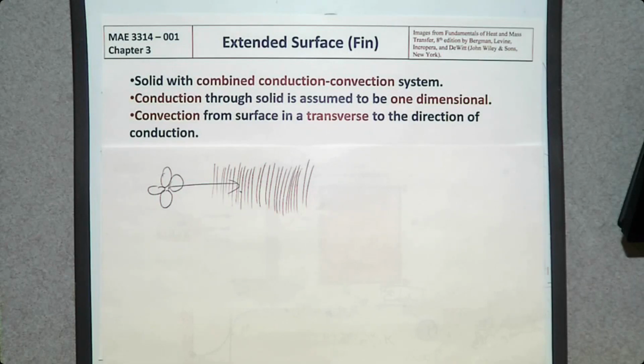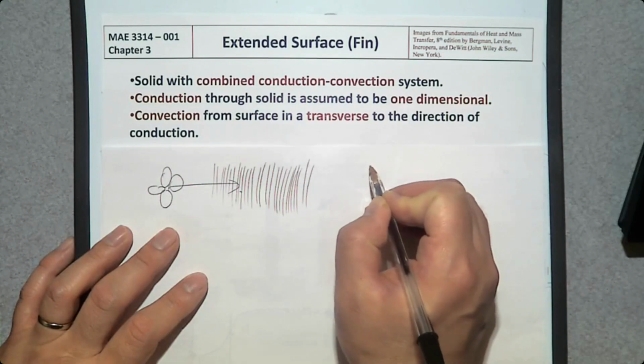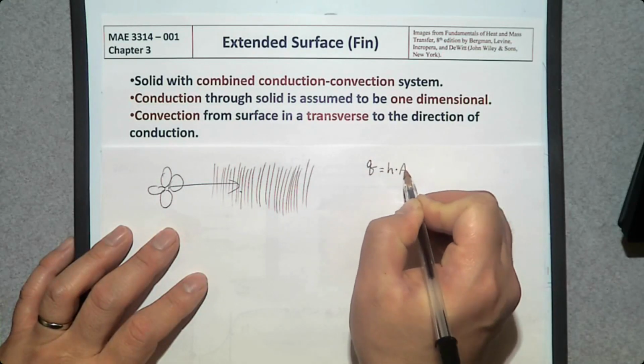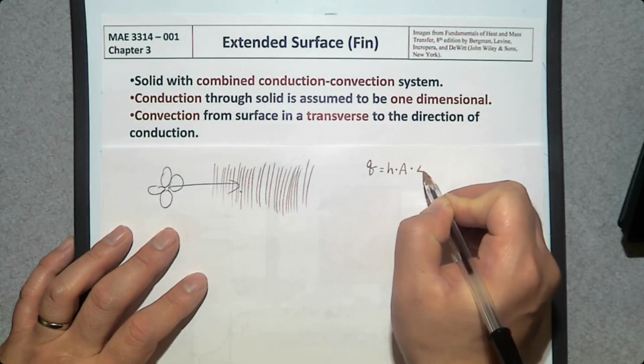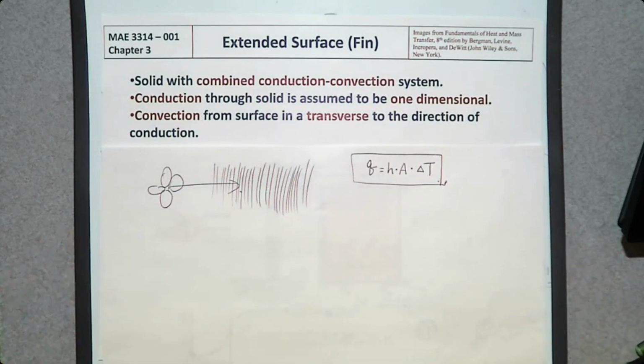Then, do you know how to determine convection heat transfer? Yes. The governing equation is going to be Newton's law of cooling. Q is h times A times delta T, temperature difference. So we rely on this equation to determine the rate of heat transfer by convection.